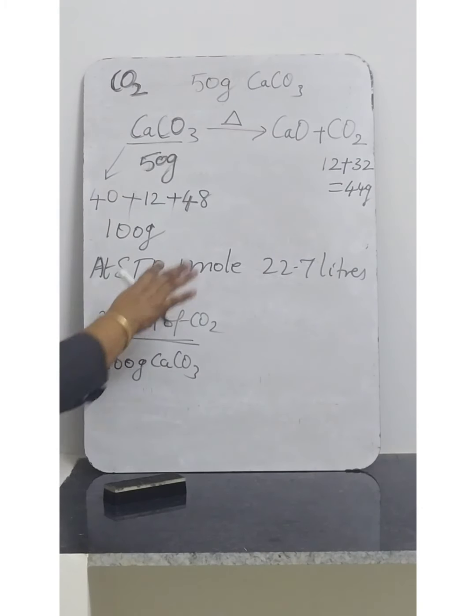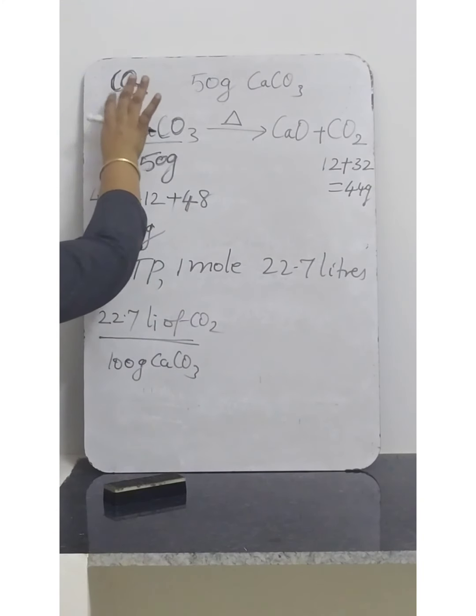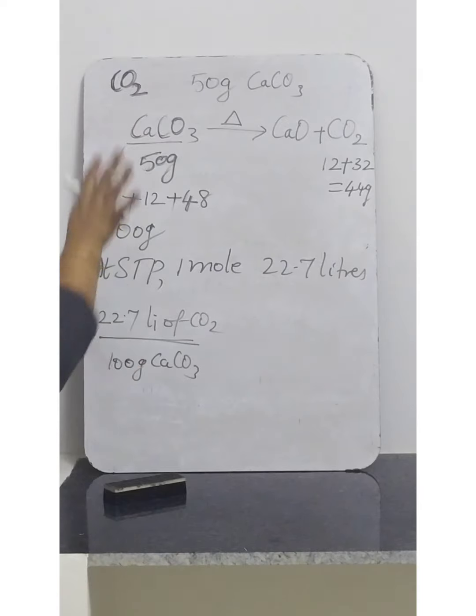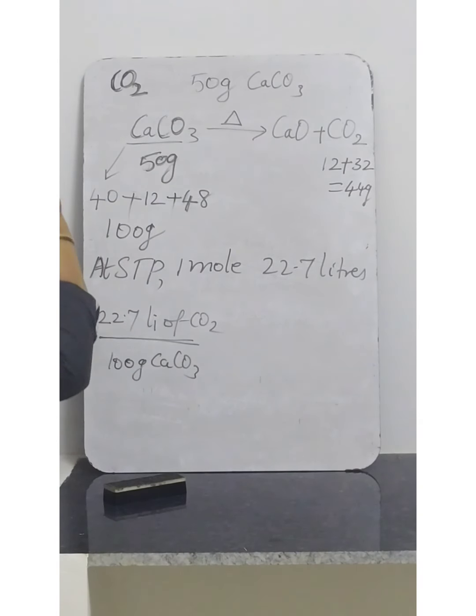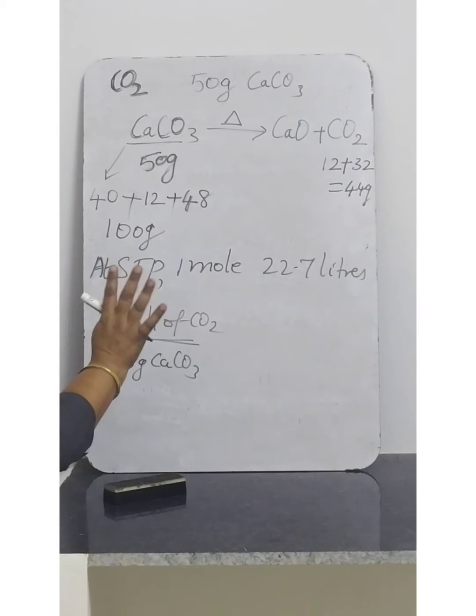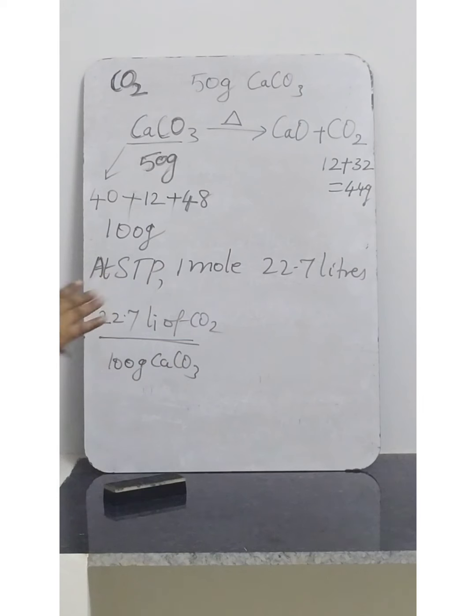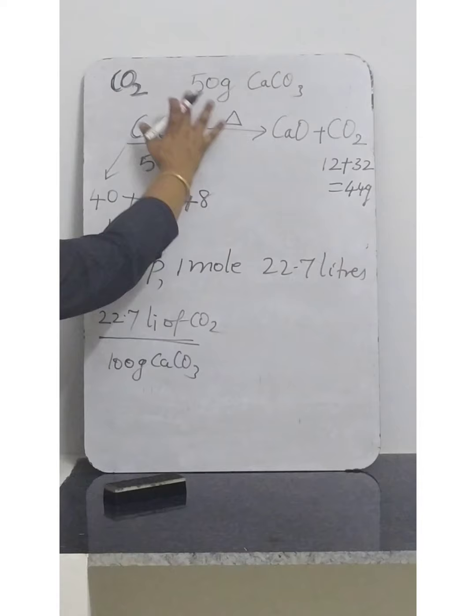Once again I will repeat now. Your question is how much volume of carbon dioxide is produced when 50 gram of calcium carbonate undergoes heat completely under standard condition. Completely undergoing heat means it will be converted into its product, under standard temperature and pressure. First we have to calculate the molecular mass of calcium carbonate.